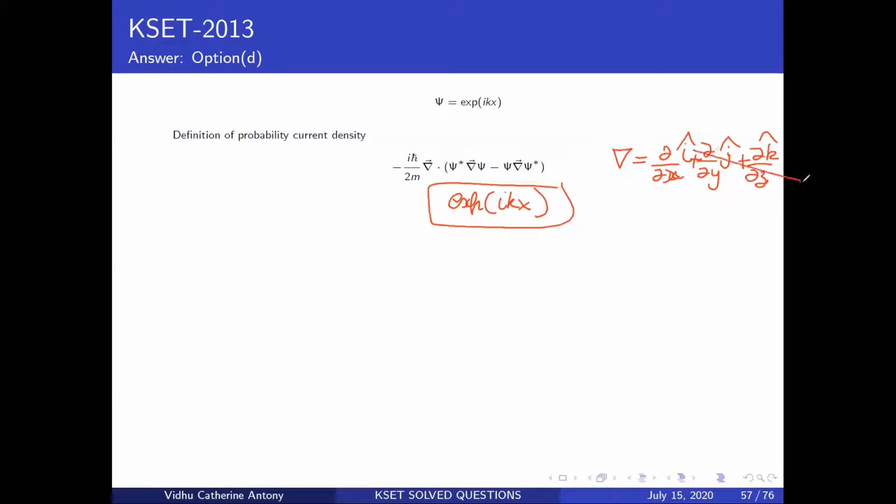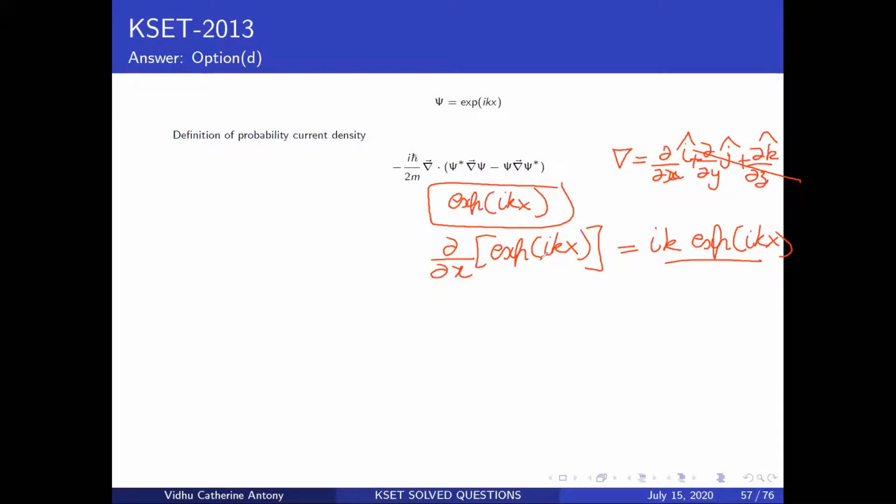These two components go away because you do not have y or z components in it. So you only take this part. Basically dou by dou x of exponential of ikx, and what you end up getting is ik exponential of ikx.